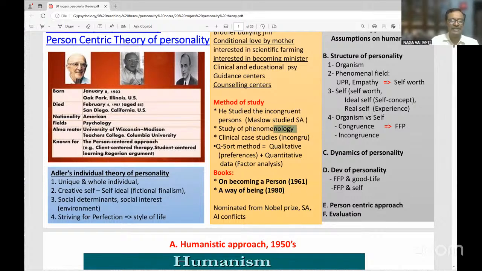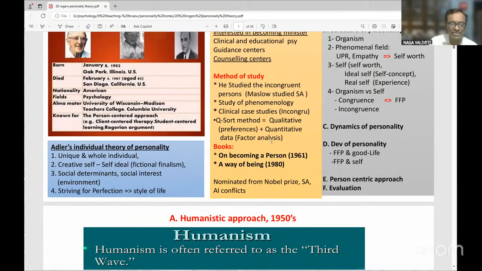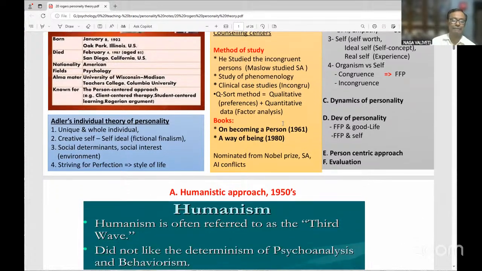It is happening in the human organism, the human being as a whole. Adopting the Gestalt principle, you have to study the person as a whole. He studied many distressed persons and many incongruent persons, meaning those who have not realized their self. Whereas here, people with self-realization are studied.